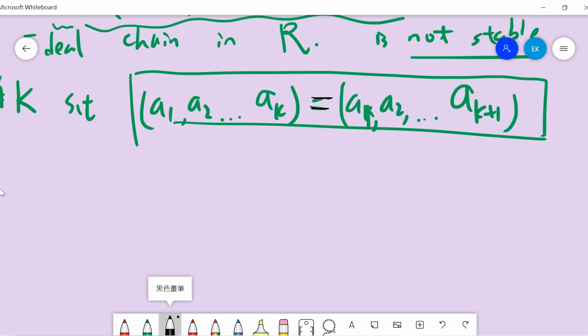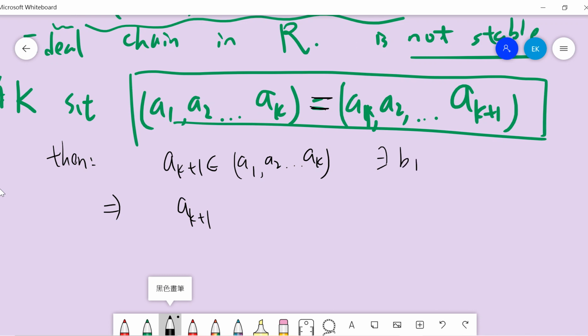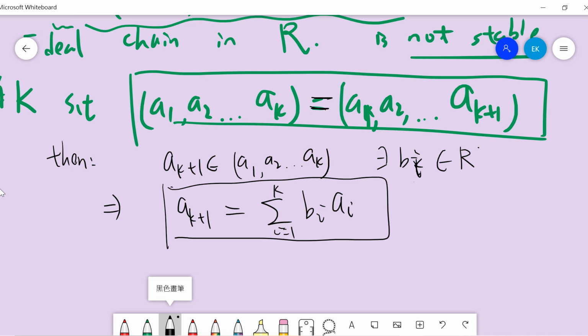Suppose there is. Then a_{k+1} falls into (a1, ..., ak). So there exist b_i in R, i from 1 to k, such that a_{k+1} equals the sum of b_i a_i, i from 1 to k. So we must have this.